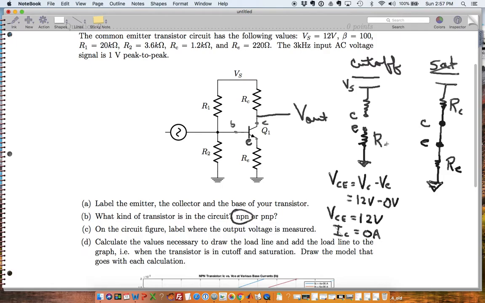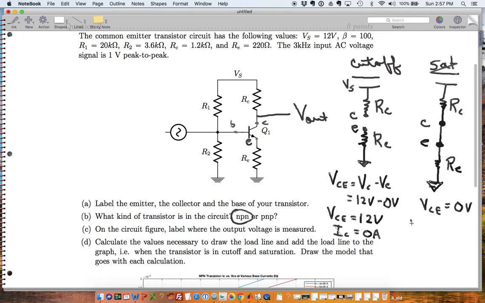So I noticed between VC, for VCE, VC is equal to the same value as VE. So when I subtract these, I'm going to get 0 because there's no voltage drop between them. They're both connected to the same point. So I just know this is going to be 0 volts.